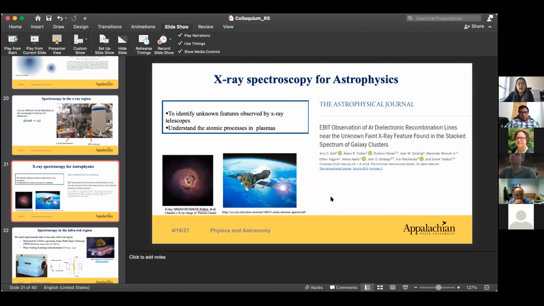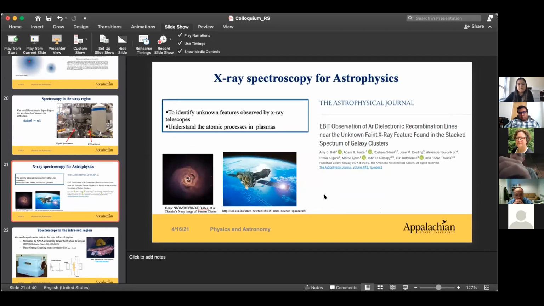So some of the applications of the X-ray spectroscopy with EBIT come more in astrophysics. So for example, this was a study we did when there was this paper where they basically talked about an unknown X-ray feature that was found in a spectrum of galaxy clusters that was imaged by the XMM-Newton spacecraft.